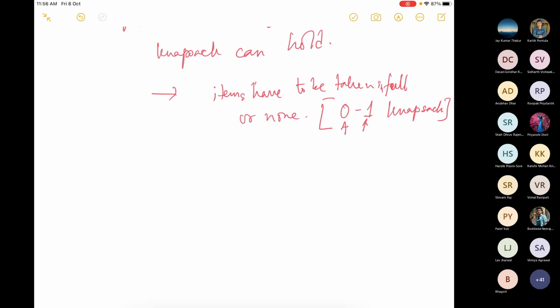Now, what you want to do is the following.